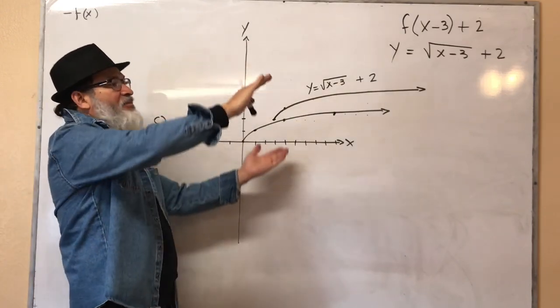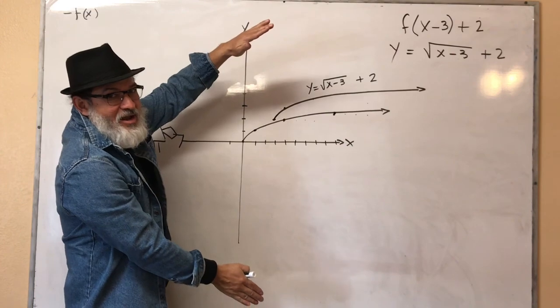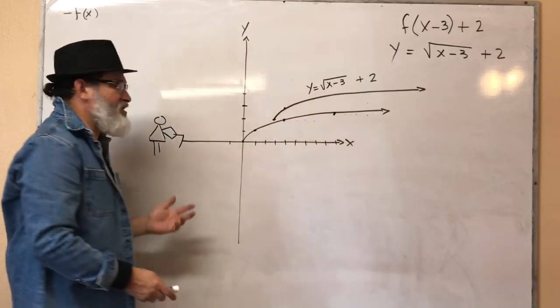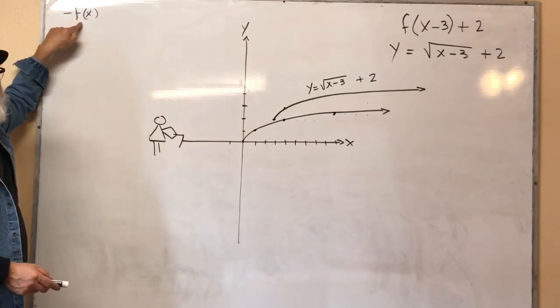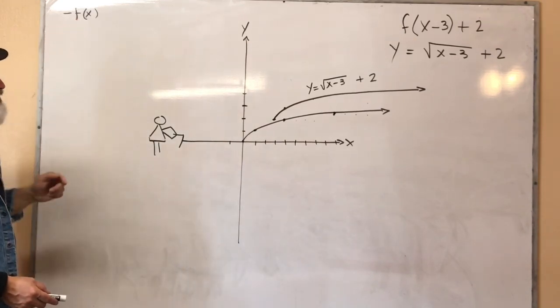This is going to come down this way. We call that reflection across the x-axis. And that's right there. Okay?